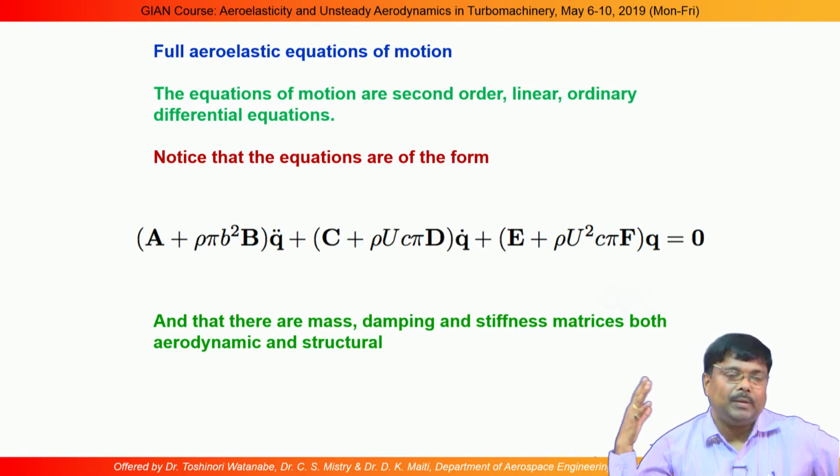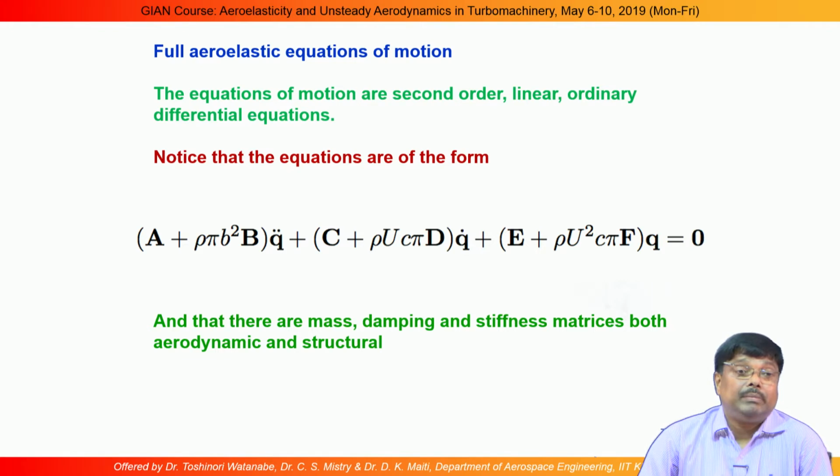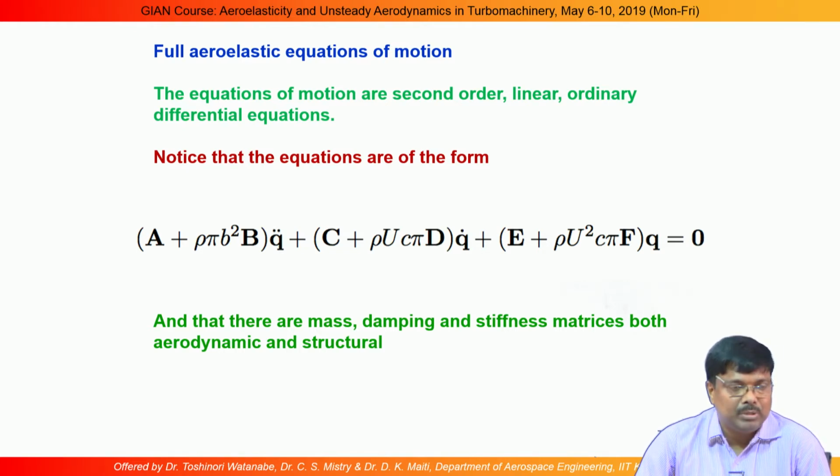We cannot get a definite solution of u, u dot, u double dot, which are relative displacements, velocity, acceleration. That is why we call it the stability equation.